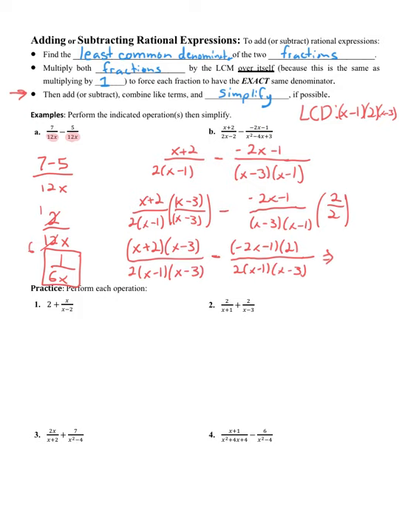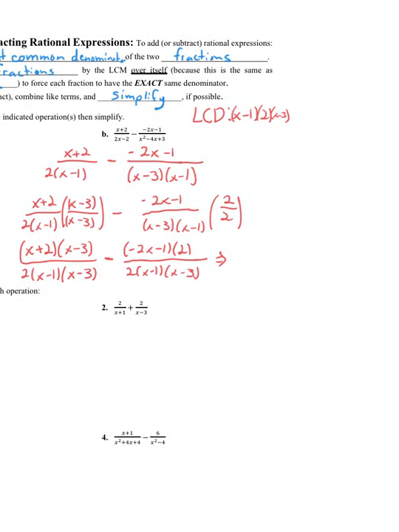So that's where these problems get a little trickier, because now I'd have to say this is going to be x squared minus 3x plus 2x minus 6. That's the left side, all over 2 times x minus 1 times x minus 3.